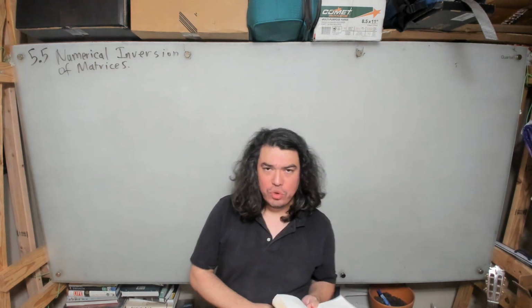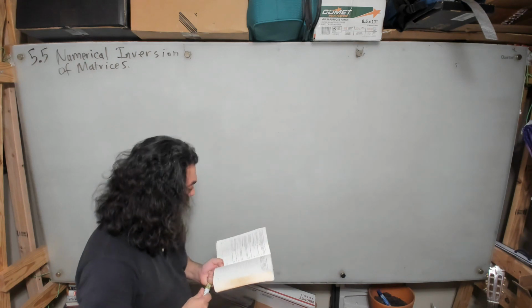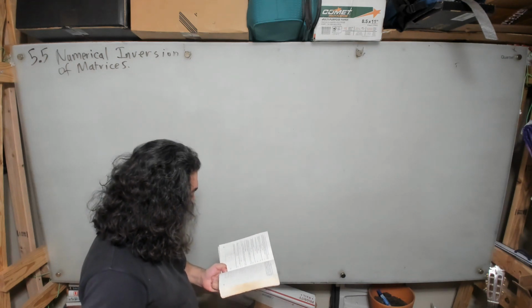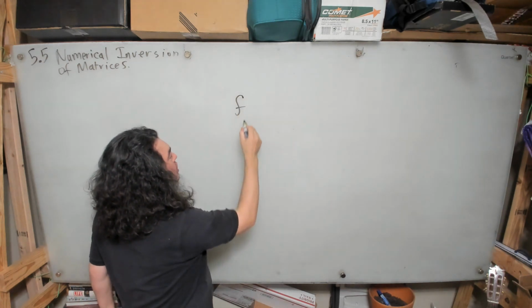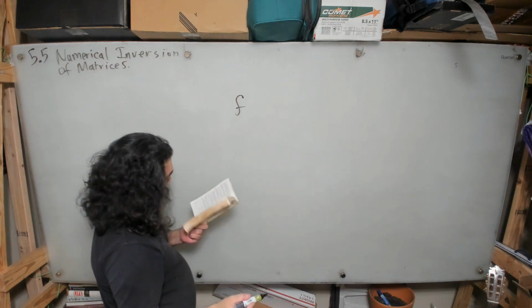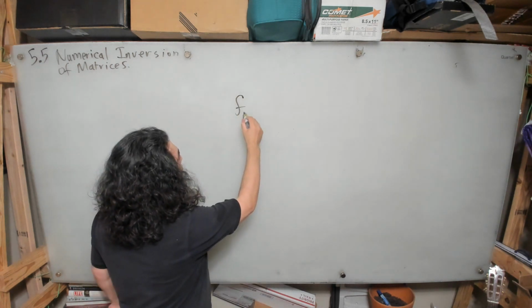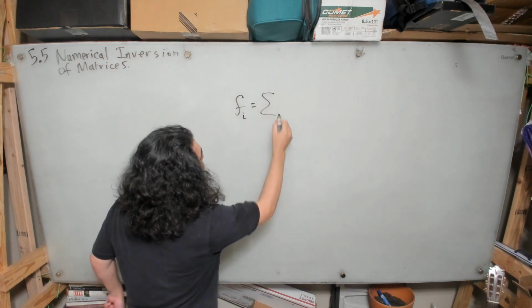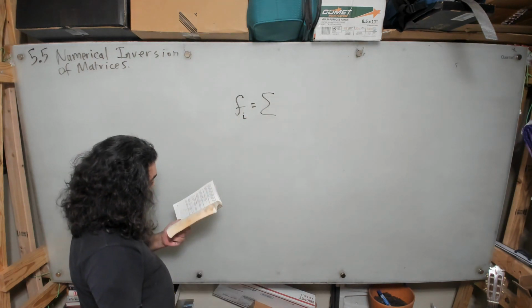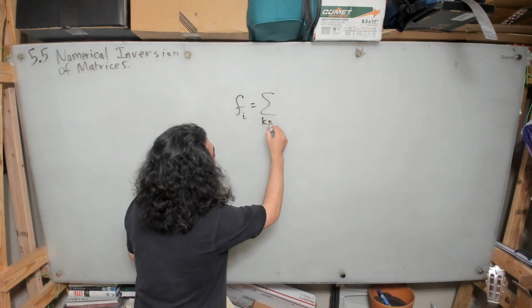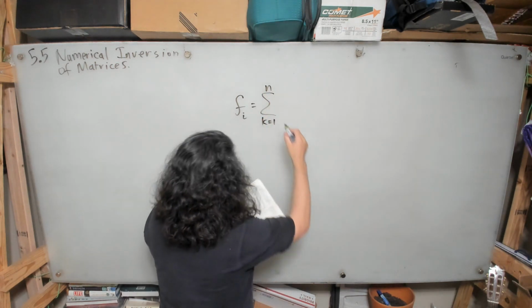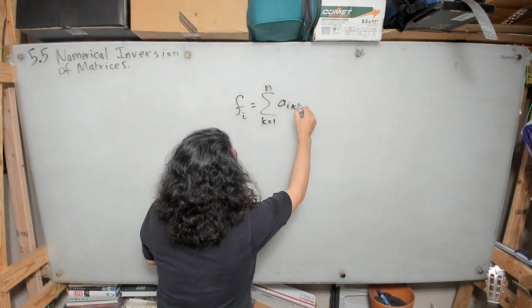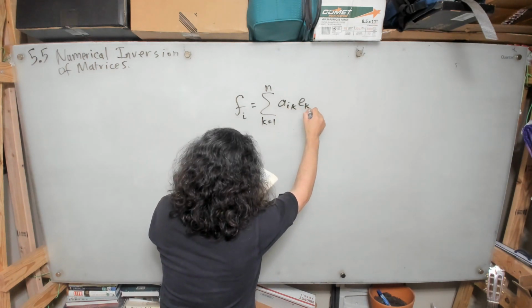And of course, as he points out on page 102, if we have some set of equations, his notation is Fi equal to the summation, k equals 1 through n, of a_ik e_k.